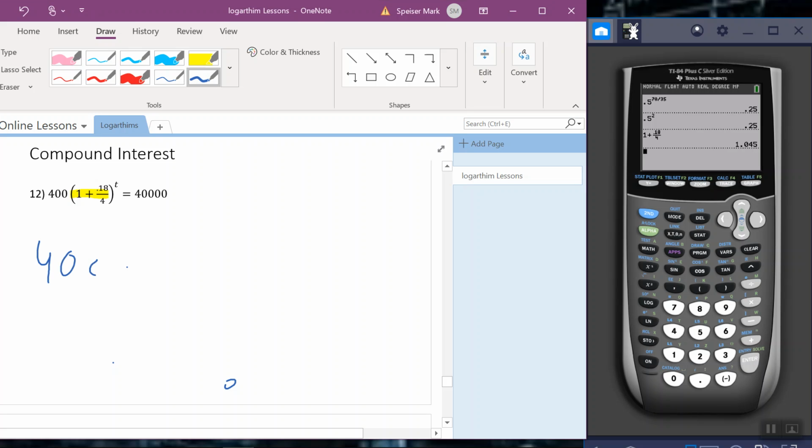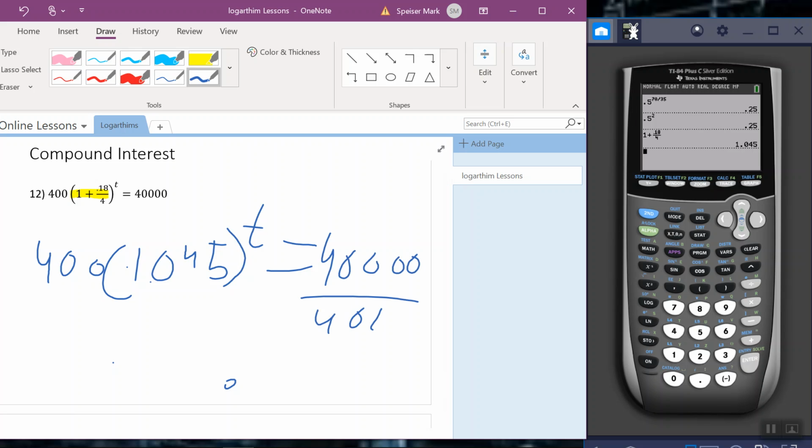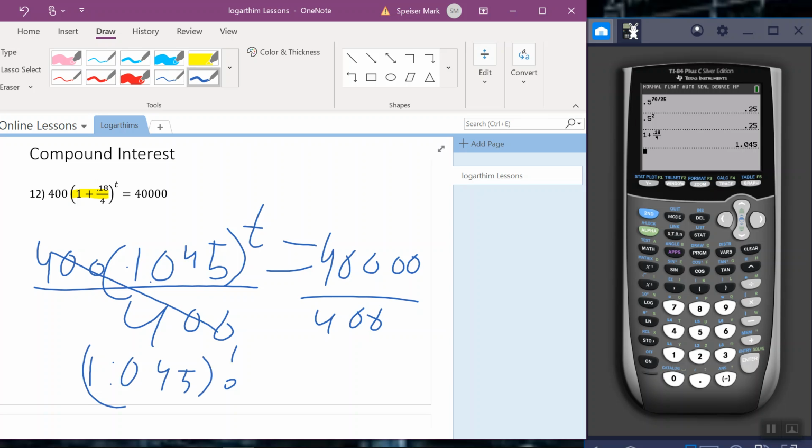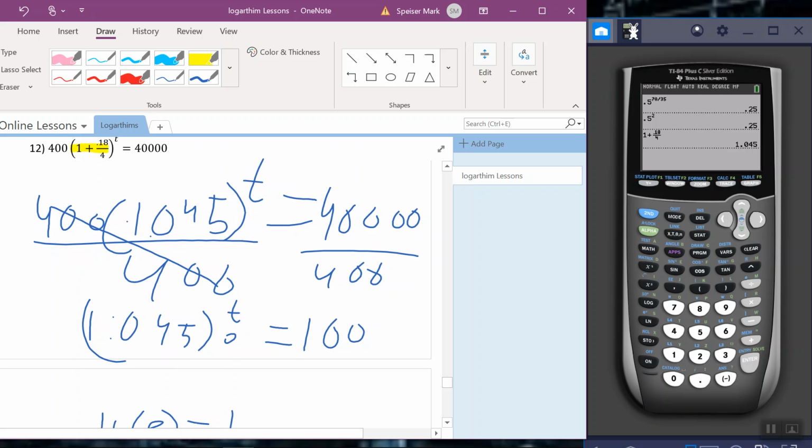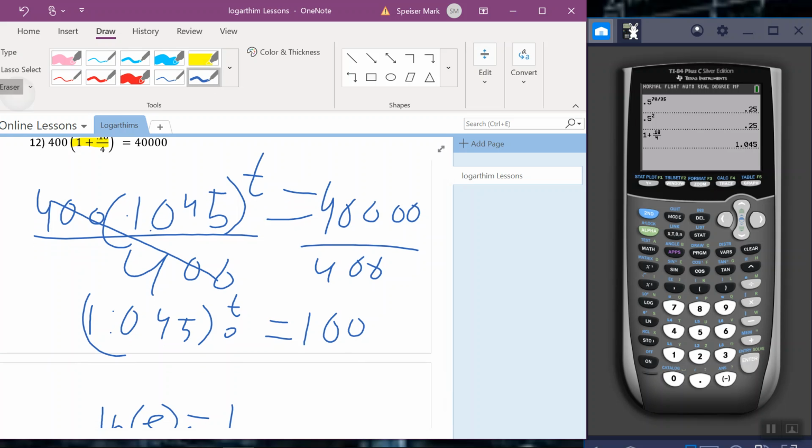So you rewrite our equation: 400 times 1.045 to the t equals 40,000. Divide both sides by 400. Get 1.045 to the t equals 100. Use log to rearrange it.